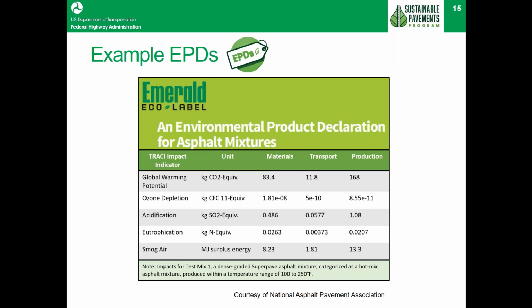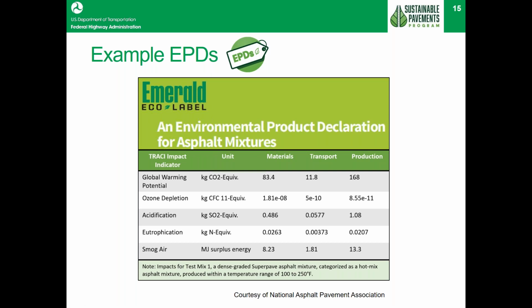To make this a little bit more real, this is an example EPD that's shown for an asphalt mixture. And as you can see, what it really contains, in looking by row, is a set of specified impact indicators.